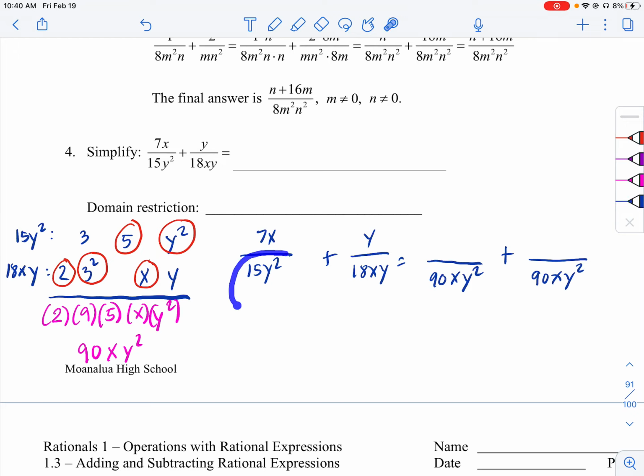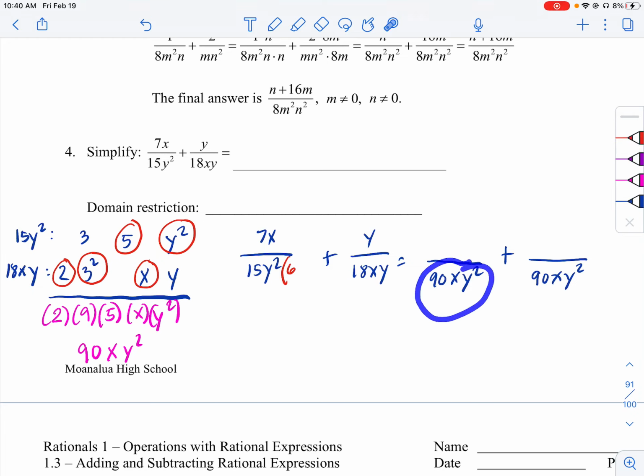Technically, what that means is, what do I multiply the 15y squared by to become 90xy squared? So let's start with a number. What do I multiply the 15 by to become 90? Technically, you can do it backwards. 90 divided by 15 is 6. So I need to multiply the 15 by 6 to make it 90.